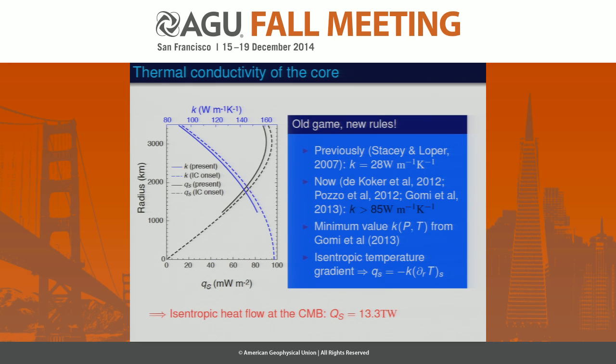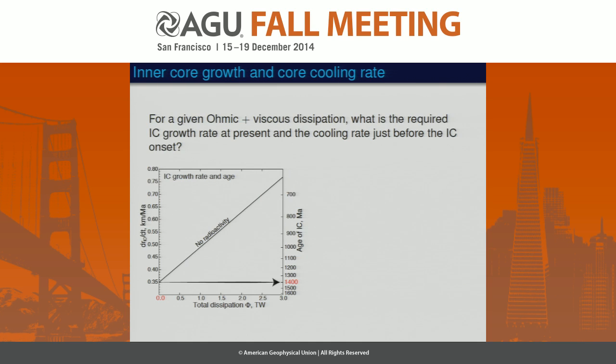And knowing the conductivity in the core, which depends on depth and also on time because of the thermal evolution, you can compute the heat flux along the isentropic temperature gradient, which when you multiply by the surface at the CMB gives you a total heat flow along the isentropic gradient of 13 terawatt, and it's quite a large number.